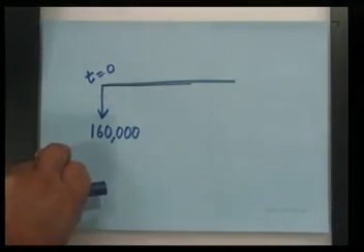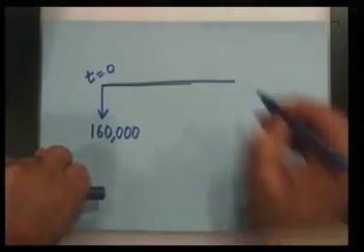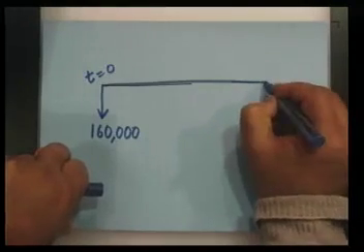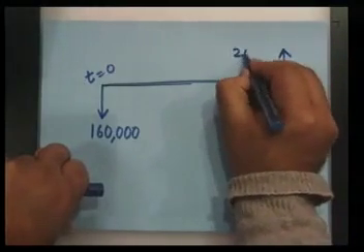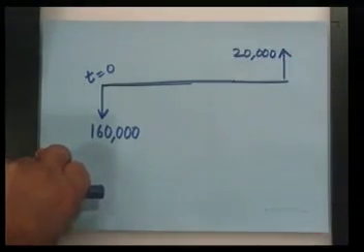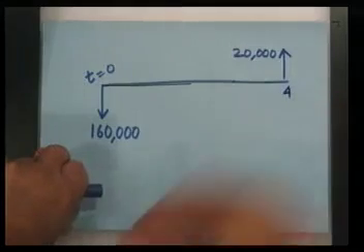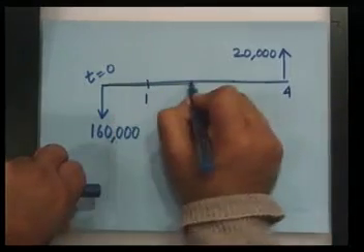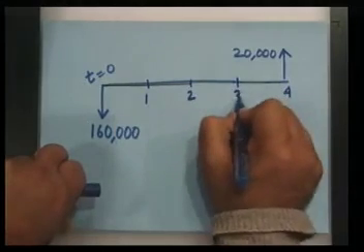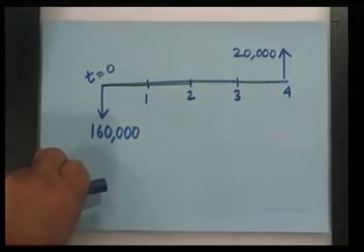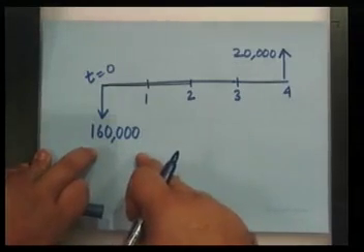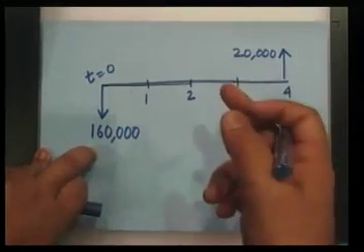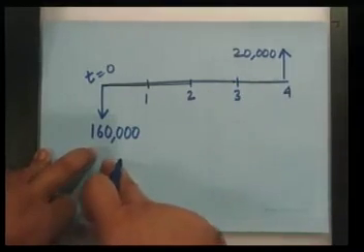Then you find that its salvage value at the end of year 4 is 20,000. This is end of year 4. So, somewhere here 1, 2, 3 and 4. You can understand the sign convention here. 160,000, it is a cost for you. So, it is going towards negative.